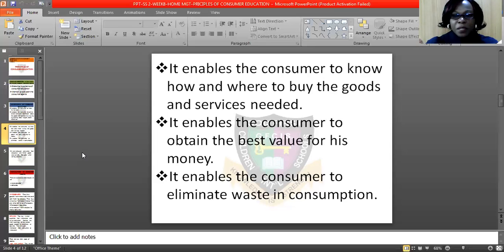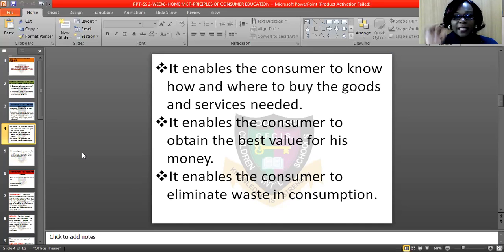Will I go ahead and pay the 2,000 naira? No, I won't pay, because if I check the value of what I'm going to buy and the value of the money I'm to pay the seller, they don't match. I won't buy it, I'll walk away, isn't it? So also other items like that. Is that taken? Now, that is the work of consumer education.